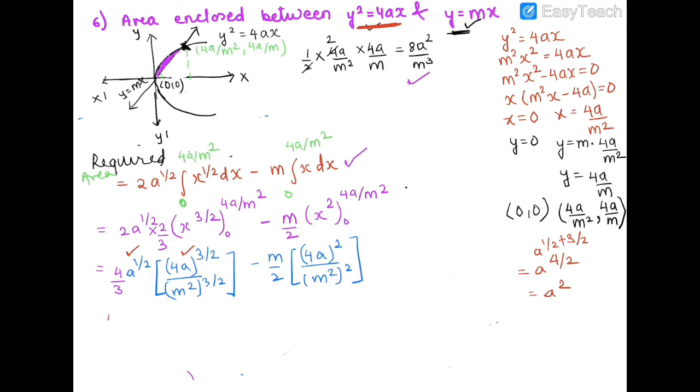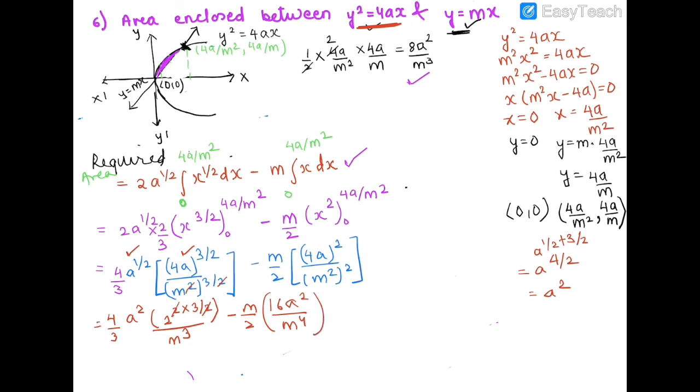So therefore this is 4 by 3 and a square, and I can write down that 4 as 2 to the power 2 into 3 by 2. ये cancel हो गया, divided by, और ये 2 और 2 cancel हो गया, m cube minus, and this is m by 2, 16a square by m to the power 4.